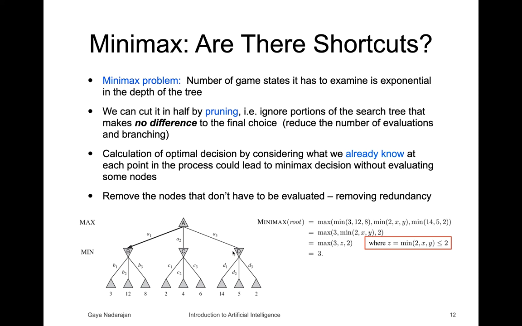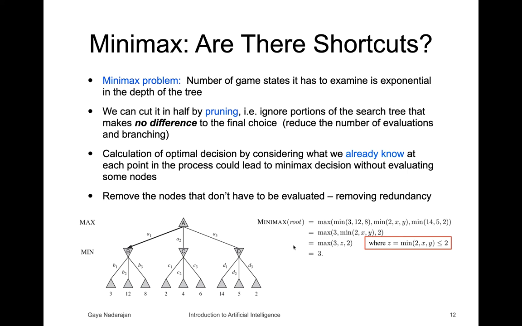But first, let's look again at the simple two-ply game that we looked at in the last lecture, and see if there are some nodes that we don't have to evaluate. Here we have the game tree, where Max starts to play, and then Min plays another move. This is the utility that A gets at the end.